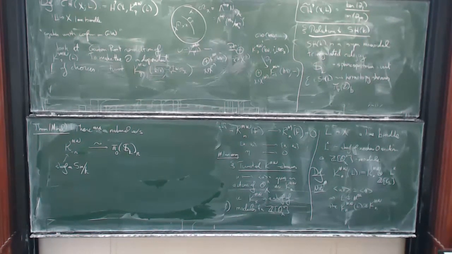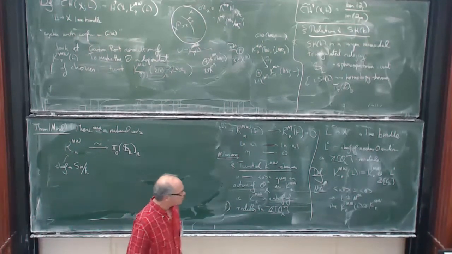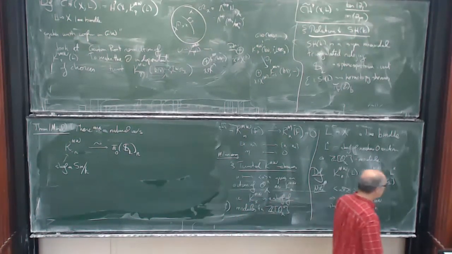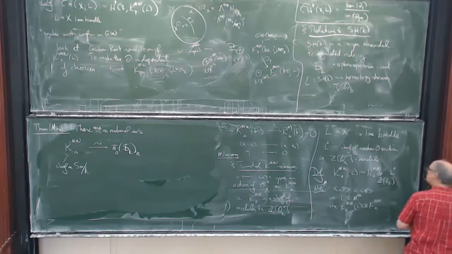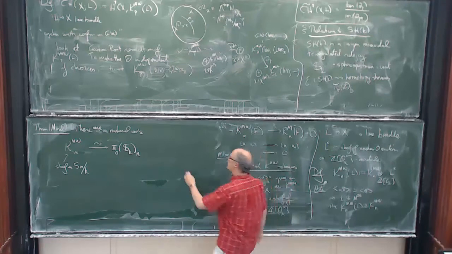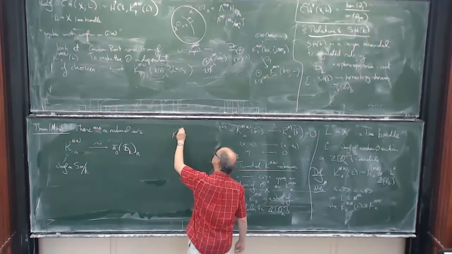So what's the relation between these and the usual Chow groups? Well, you have this map of sheaves.